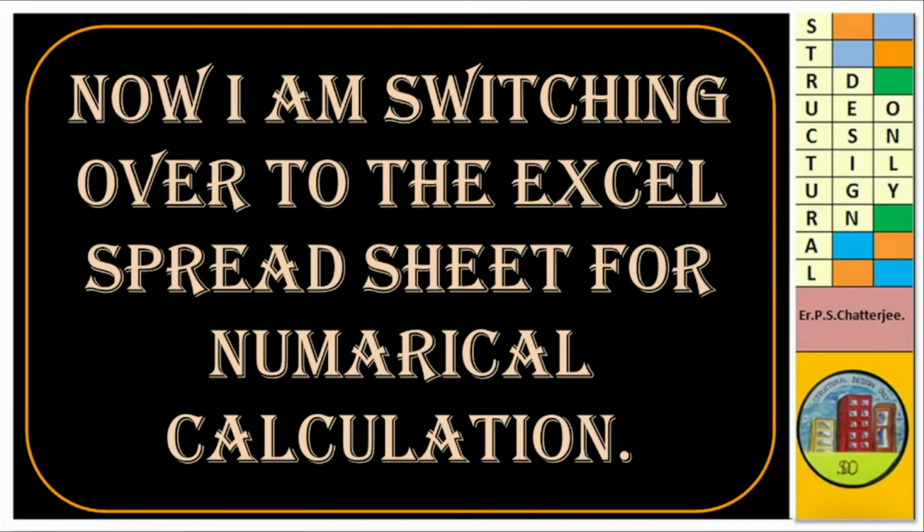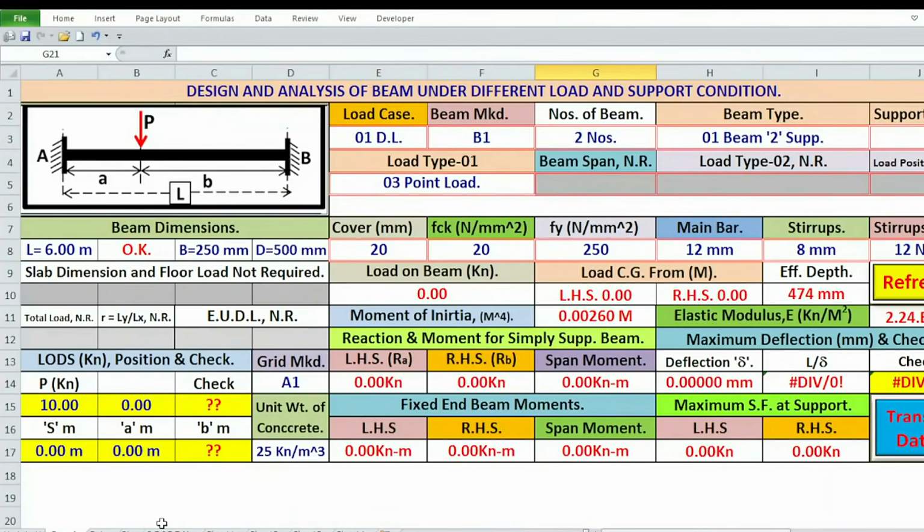Now I am switching over to the Excel spreadsheet for the numerical calculation. Welcome to my Excel spreadsheet for the design and analysis of beam under different load and support condition, part 1. Look here, beam length 6 meter, beam width 250 mm, depth 500.